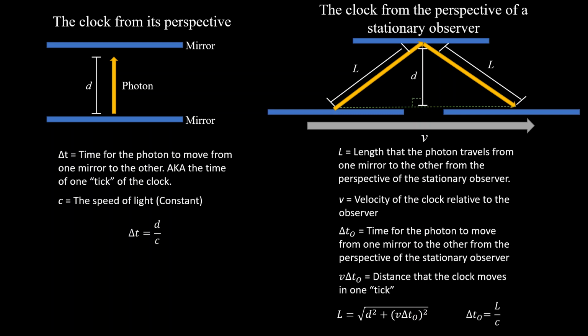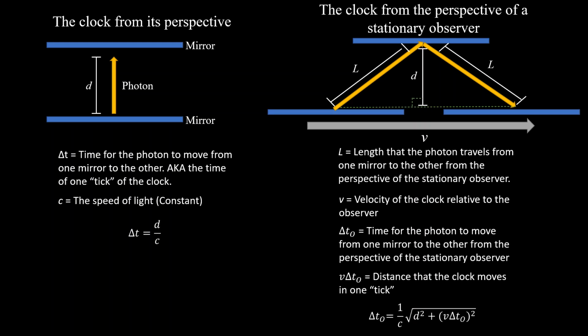Since we have an equation for L, we can substitute it for L in the equation delta t(O) is equal to L over c to end up with this equation for the observed time. Delta t(O) is equal to 1 over c times the square root of d squared plus (v delta t(O)) squared. This equation gives us delta t(O) in terms of d and v, and fortunately we have an equation that can give us d.